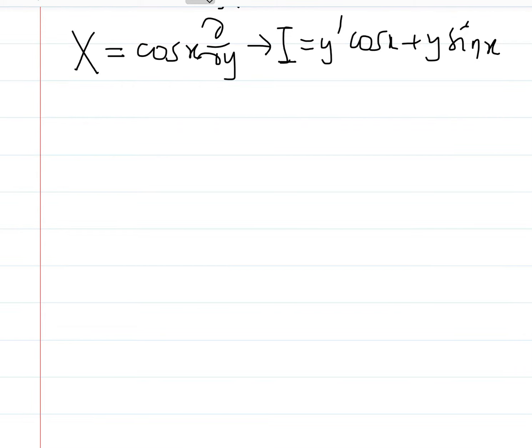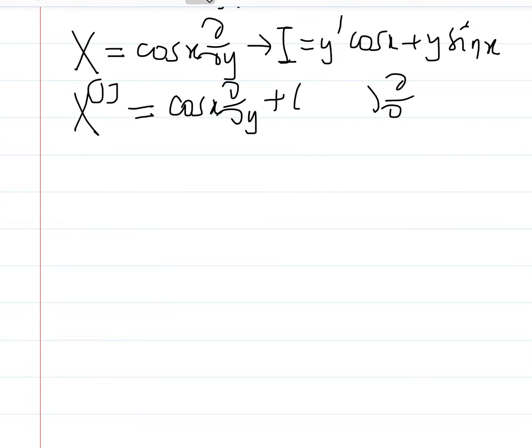Right, but to operate X on I, because I contains first derivatives, we need to prolong X to X1, up to first derivatives. So xi is 0, eta is cos x d dy, plus we need to find eta 1.